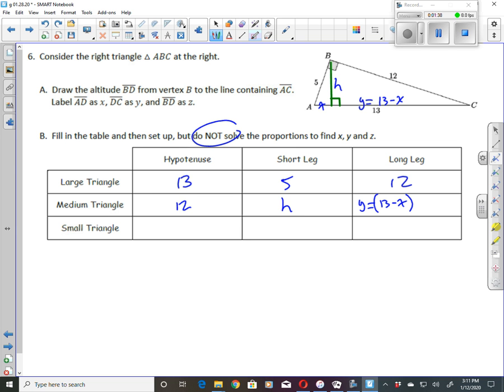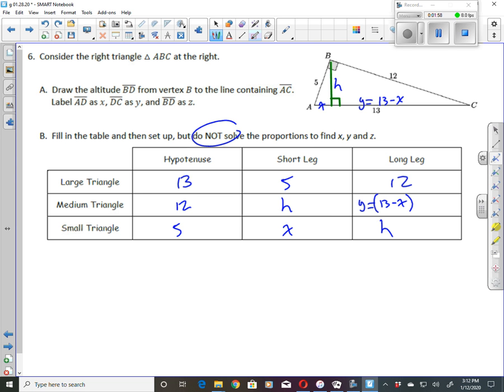I like 13 minus x myself. Small triangle, where is it? Hypotenuse, 5. Short leg is x, and long leg is h.